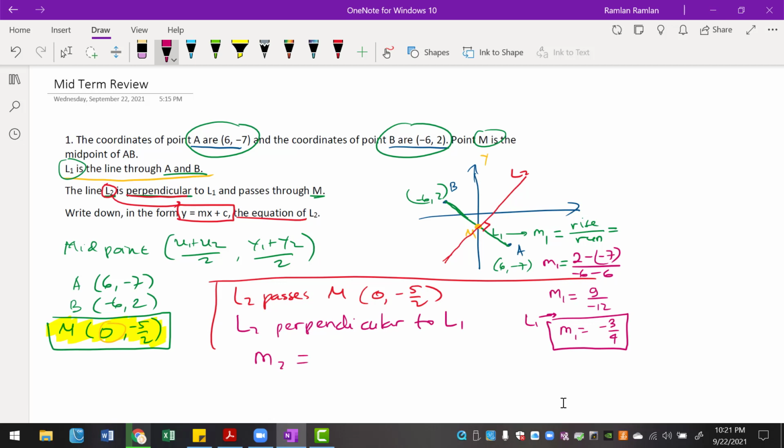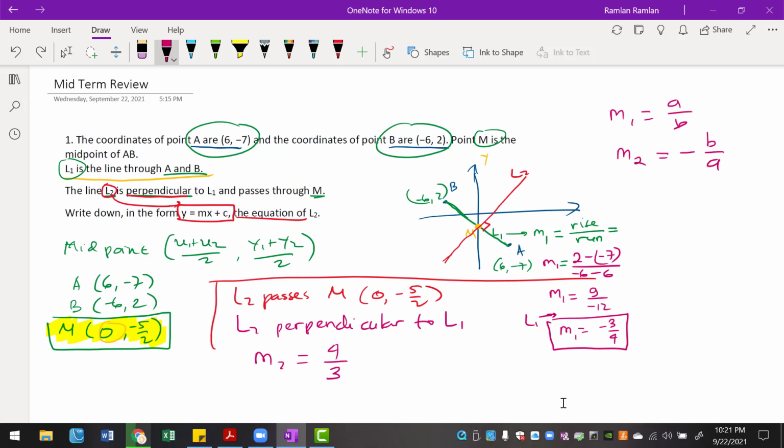Remember that if M1 is A over B, and we have another line with a gradient of M2, then M2 will be equal to minus B over A. So you only need to swap the B and A, and if one is positive, the other will be negative. It's always like that. So if M1 is minus 3 over 4, then M2, because it is perpendicular to that, will be 4 over 3. So this is negative and this is positive, and you only need to swap the numbers: 3 over 4 becomes 4 over 3.